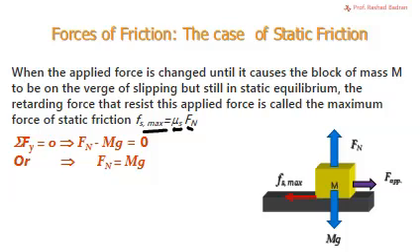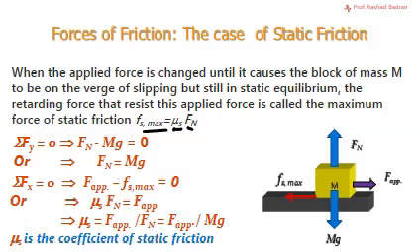Now again, if you want to check the equilibrium along the y-axis, we're going to find that the net force is equal to 0, because the block is not moving up, neither moving down. Then we'll have Fn minus mg equals 0, that is Fn equals mg, and this is the simplest case where the normal force equals the weight of the object.